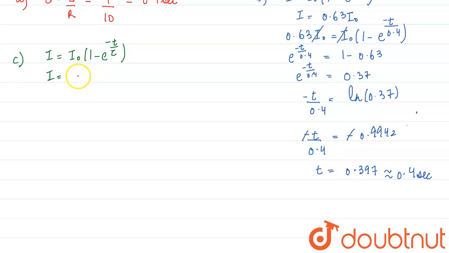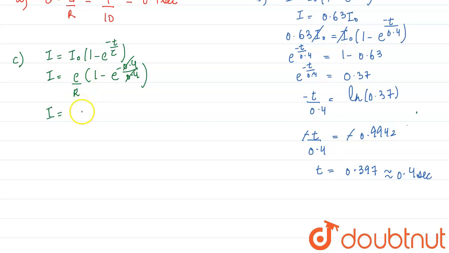So we can write, instead of I naught, E by R, and 1 minus e to the power minus t, and instead of t we can write 0.4, because that's what we calculated right here, and instead of tau we can write again 0.4. This and this cancel. This E and this E are different: this is the voltage and this is the exponential factor.